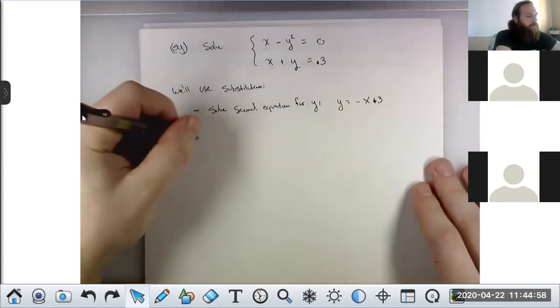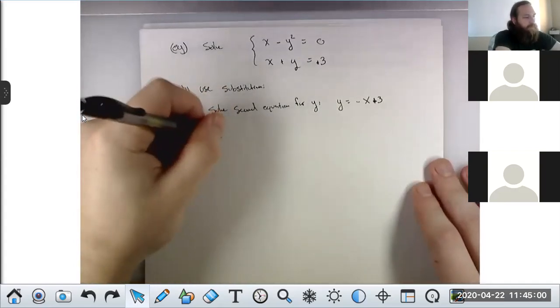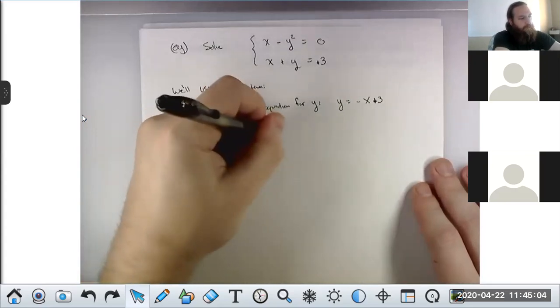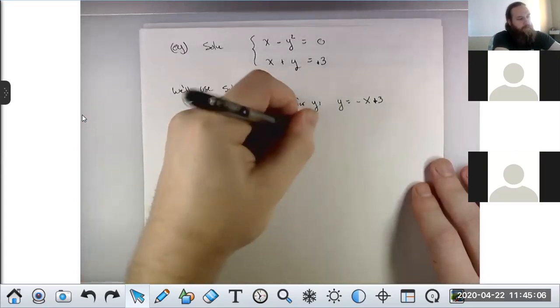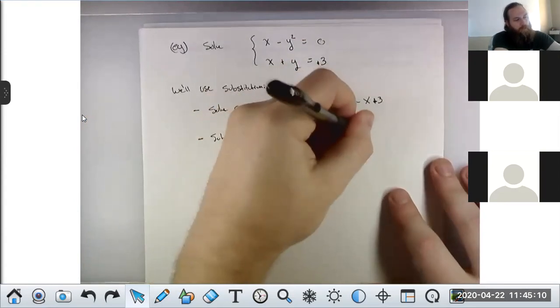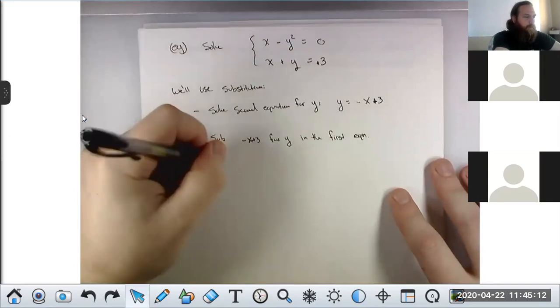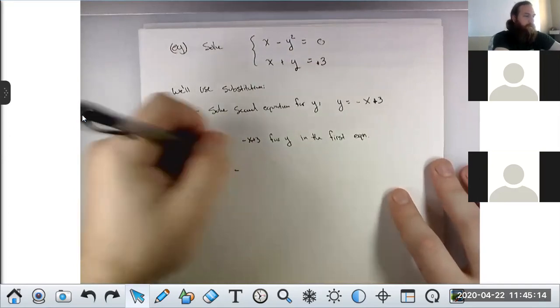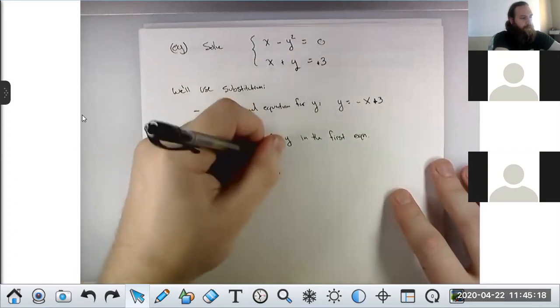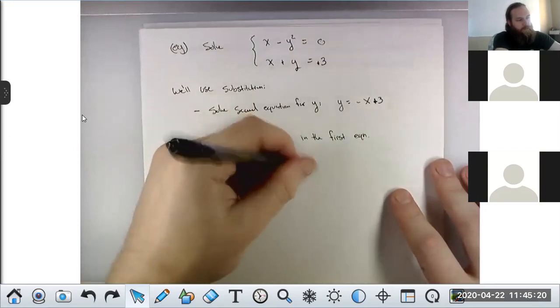Now I'm going to substitute negative x plus 3 for y in the first equation. So that becomes x minus (negative x plus 3) squared equals 0.